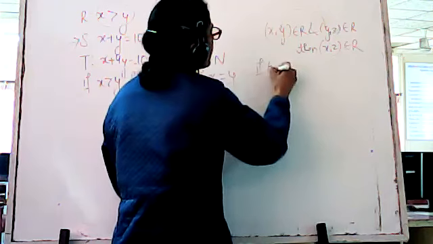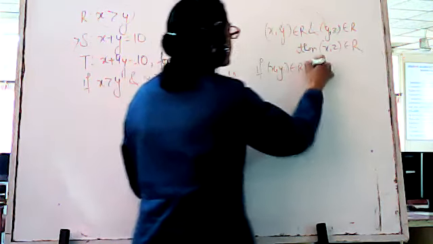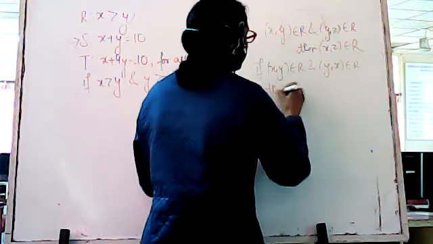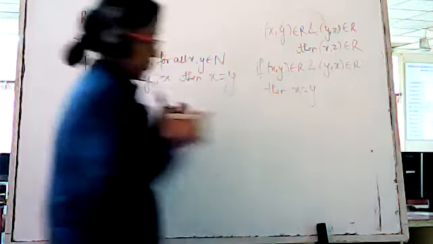If ordered pair (x, y) belongs to the relation and ordered pair (y, x) belongs to the relation, then x must be equal to y.